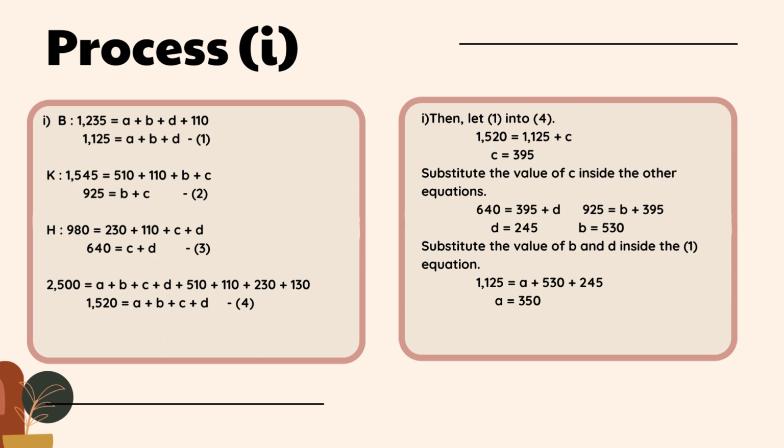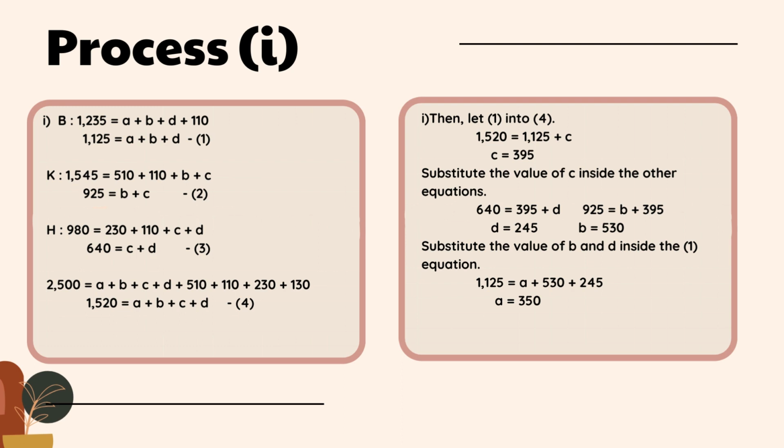number 3. So for the total of the whole Venn diagram, which is 2,500 equals to A plus B plus C plus D plus 110 plus 510 plus 230 plus 130, which is left with 1,520, consists of or equal of A plus B plus C and plus D, which we identify as number 4.